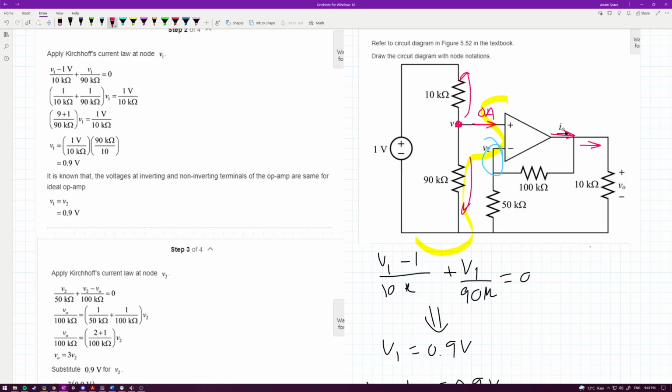That's true, but we don't know. This is not I naught there, right? That's something else. What I was thinking is, since you have VO and then the 10K, you could do Ohm's law, but that seems too simple. That would be true if this current was I naught, but it's not.